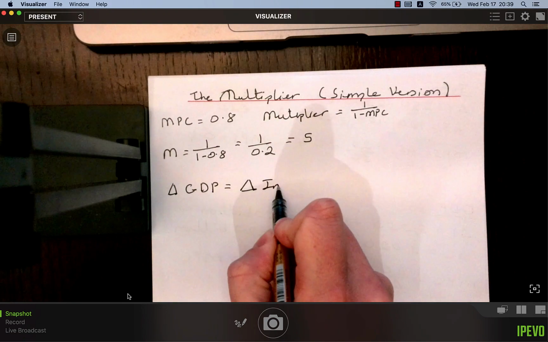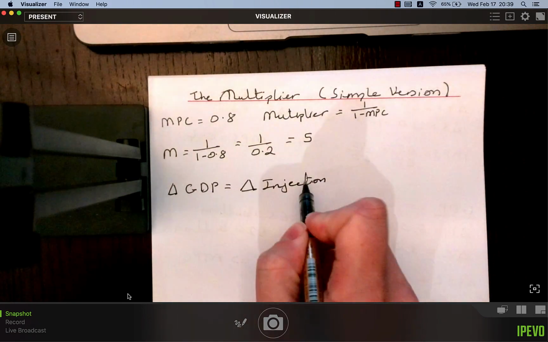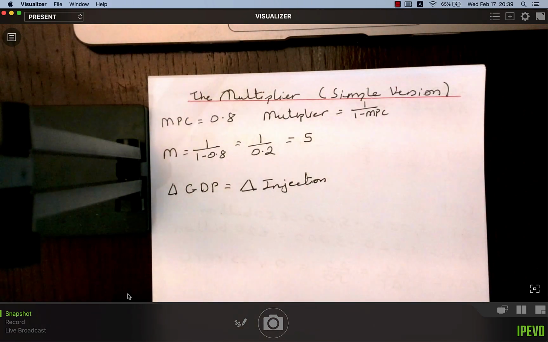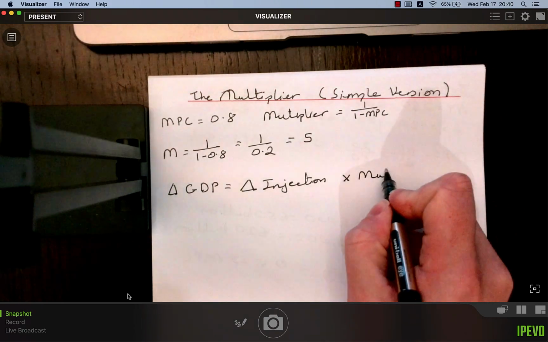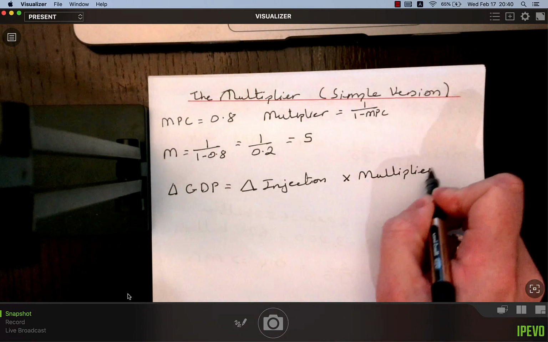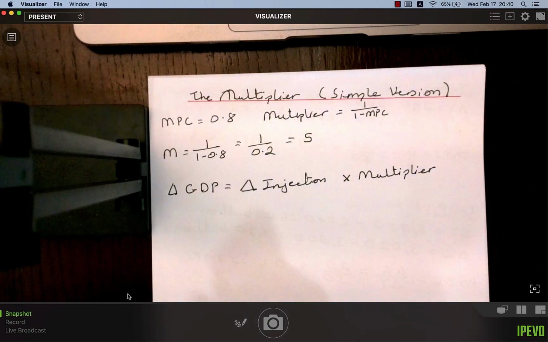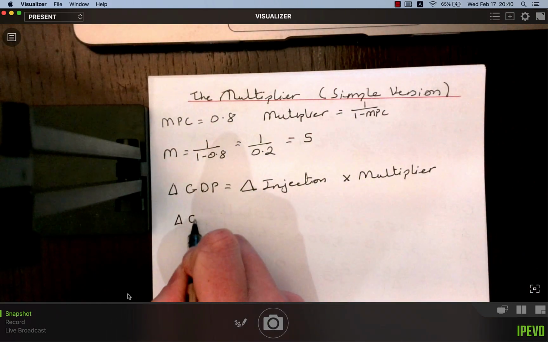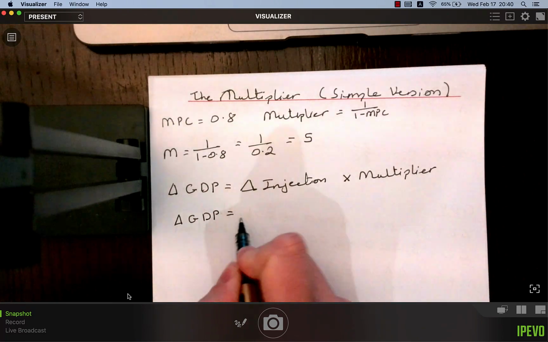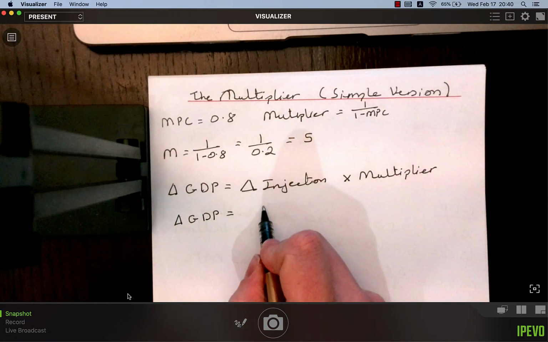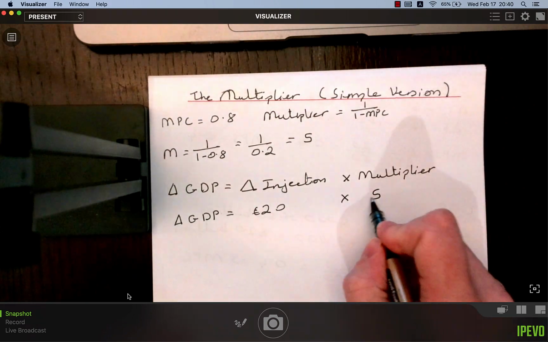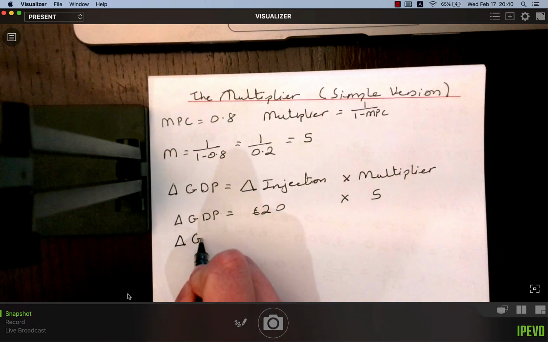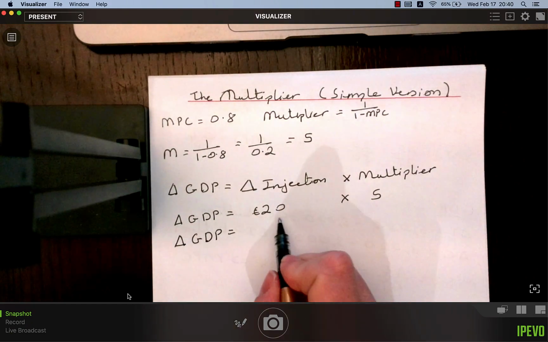But technically all investment is an injection, and technically all consumption is an injection, so it has to be the change in the injection, multiplied by the multiplier. So the change in GDP equals the change in the injection, an extra €20, multiplied by the multiplier, which we worked out as 5. So national income will rise by 20 times 5, which is €100.